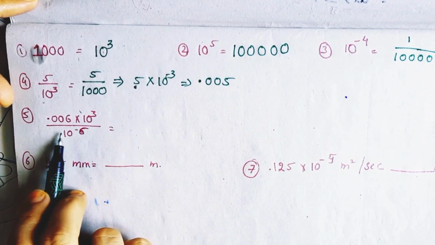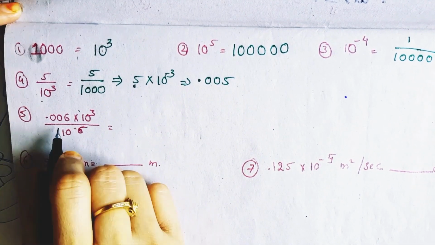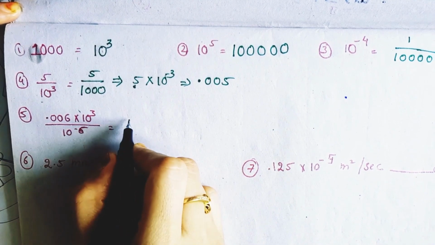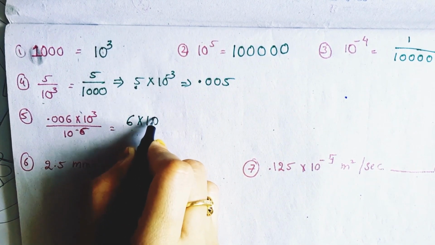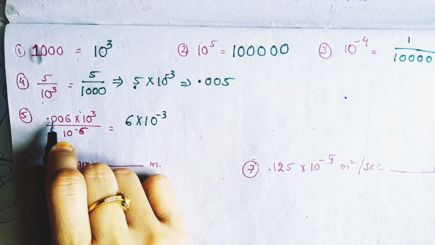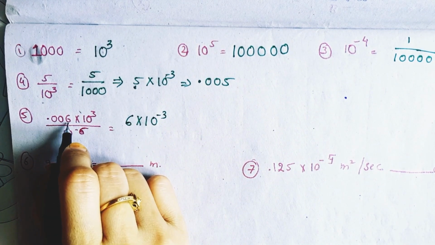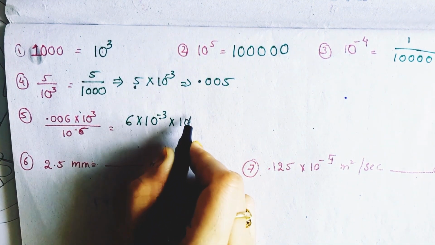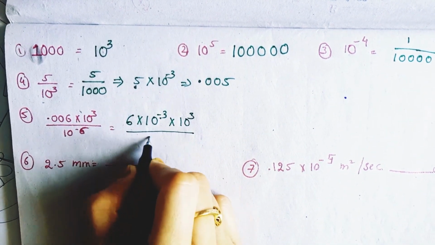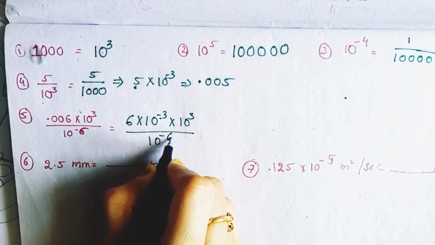Next, move to this: 0.006 into 10 power 3 by 10 power minus 6. This we can write as 6 into 10 power minus 3. Why? Because the point has 3 decimals, that's why. Then multiplied by 10 power 3 divided by 10 power minus 6.